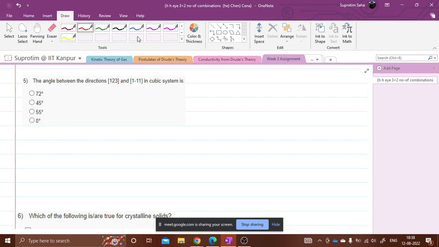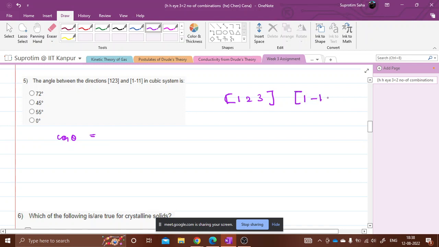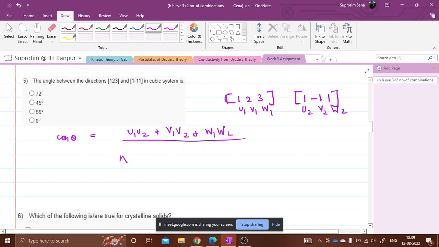So the angle between them will be given by cos theta equals u1 u2 plus v1 v2 plus w1 w2 by root under u1 square plus v1 square plus w1 square times u2 square plus v2 square plus w2 square, right?